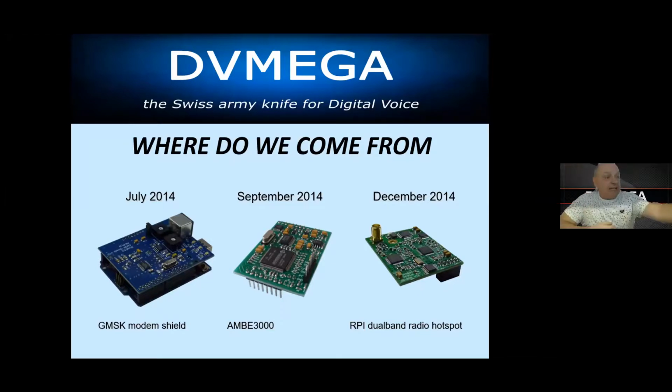The only thing that may come, where I'm working on the sideline, is this one, and that's a small hotspot based on a NanoPi, the same as used in the cast, with a radio board on top.